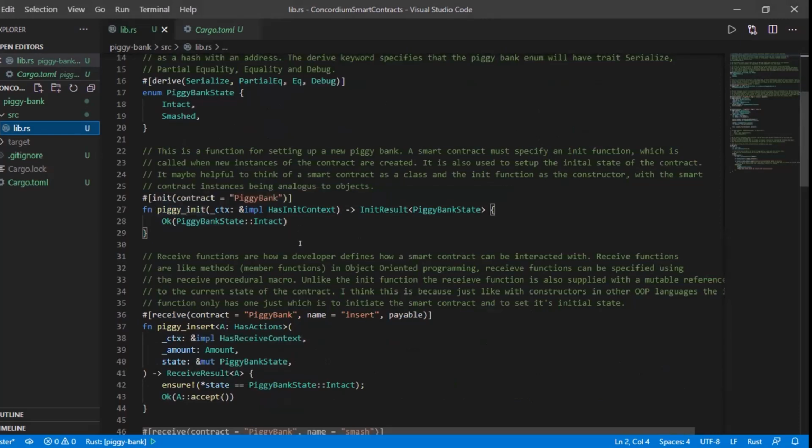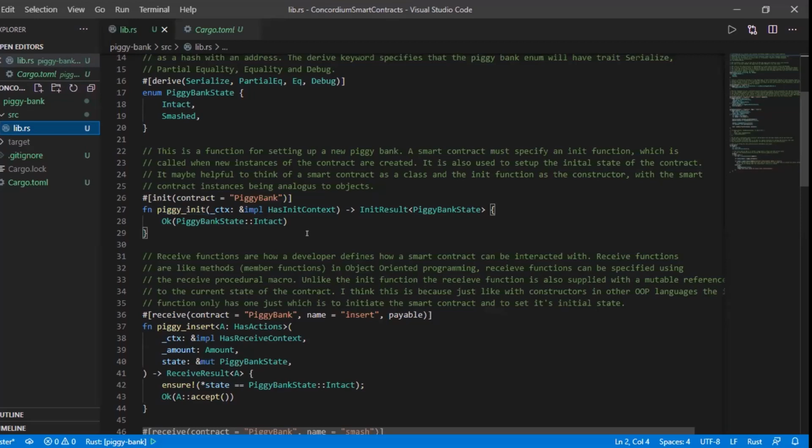And if any of you are familiar with object-oriented programming languages like Java or C++, this is analogous to a constructor. So this sets the starting or the opening state of the piggy bank to intact, and it also checks, we're going to look at that further, that this is correct.